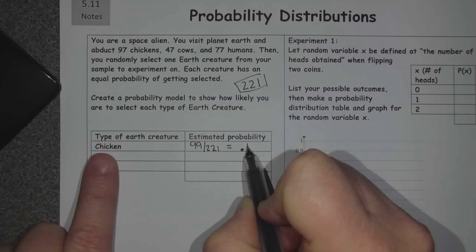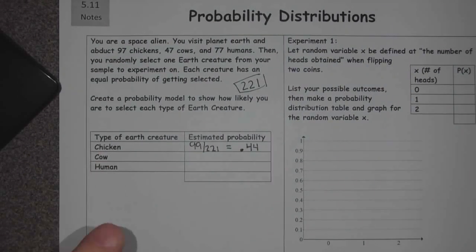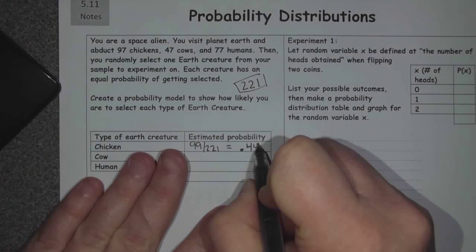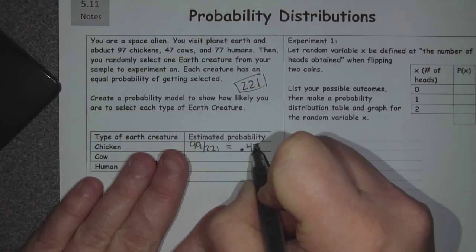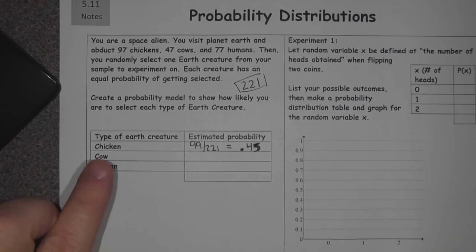Anybody? Thank you. So 0.44, or I guess if that third number was 7, we could go 0.45. Should we change it to 0.45? Okay, next probability is for a cow.